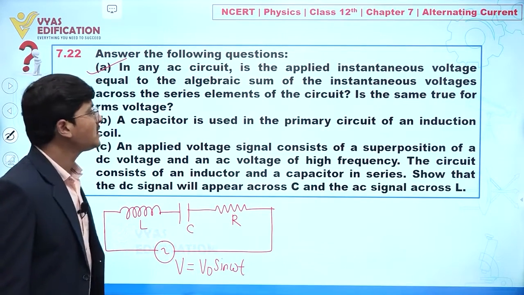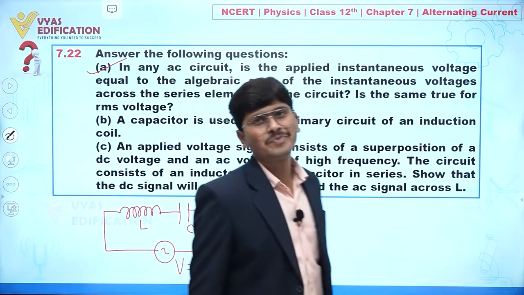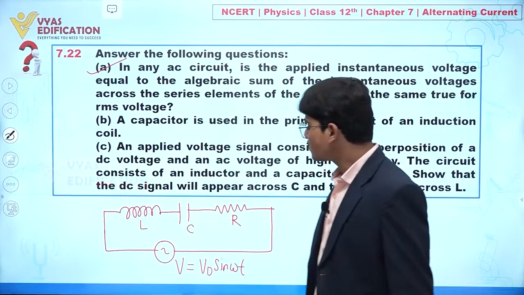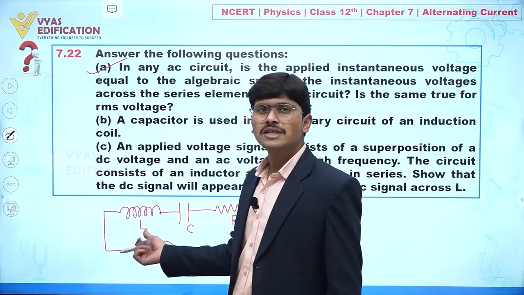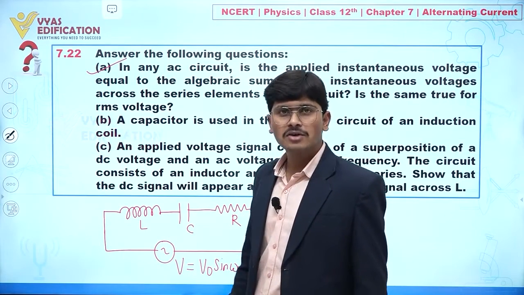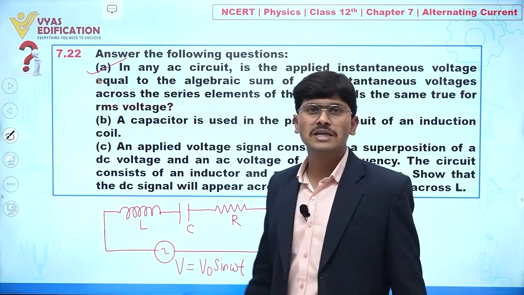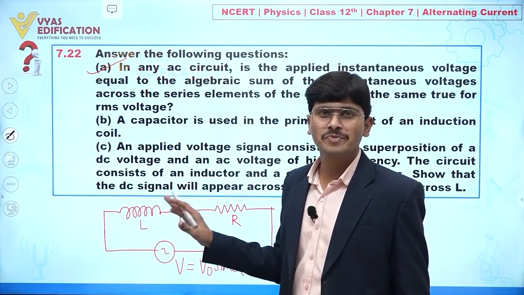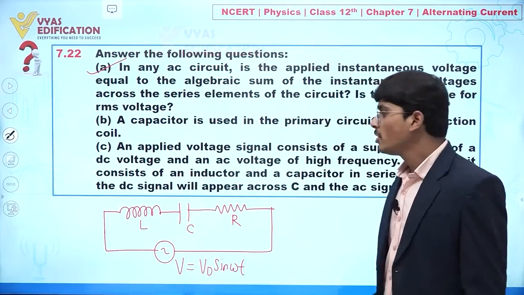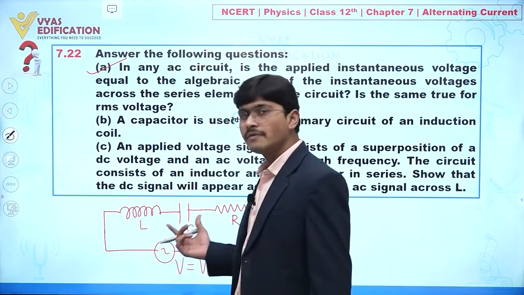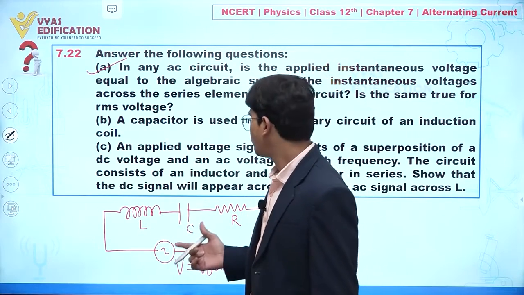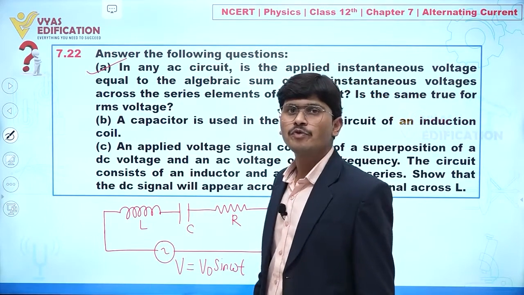But is the same true for RMS voltage? No, clear? You cannot write V RMS as the sum of the RMS voltage across L, across C and across R. You cannot write like this. Why? Because there is an opposite phase between the capacitor and inductor voltage, clear?